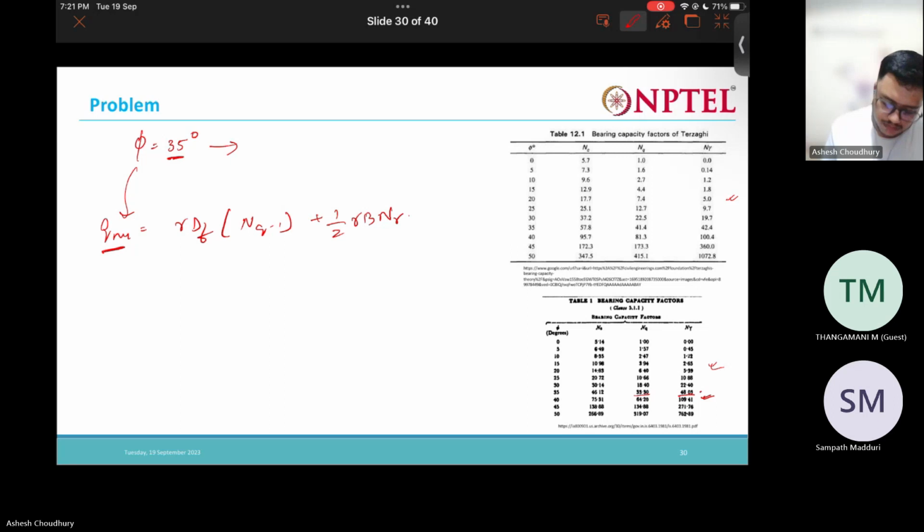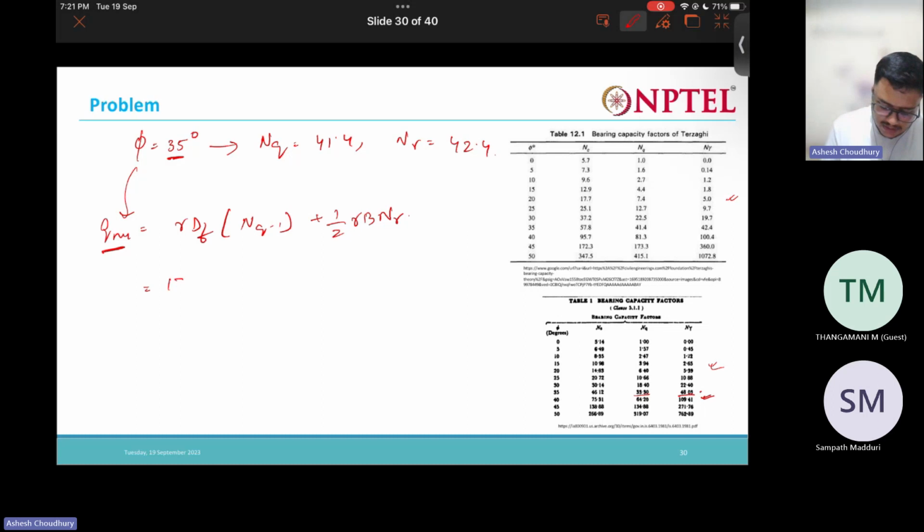So for 35 degrees, Nq is 41.4, N gamma is 42, and Nq minus 1 is 40.4.